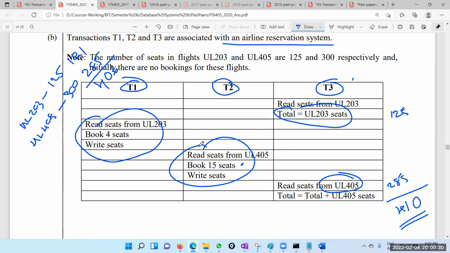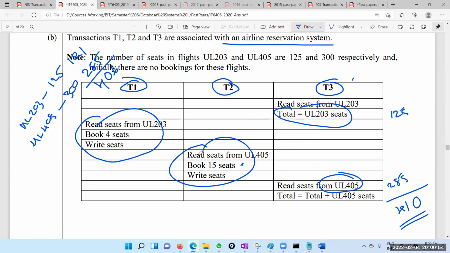Is it a dirty read? Here you are not reading a dirty value. Either you should have done both of these before these two, or these two should have been done after doing this.